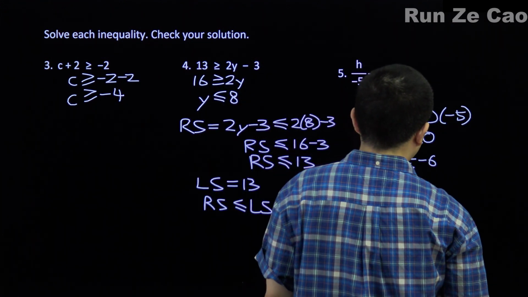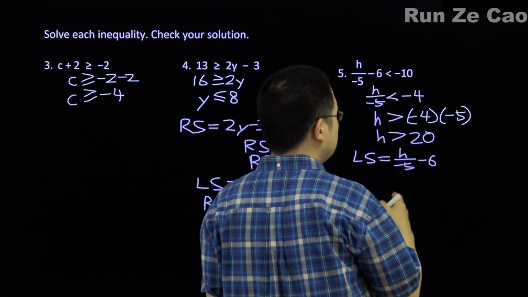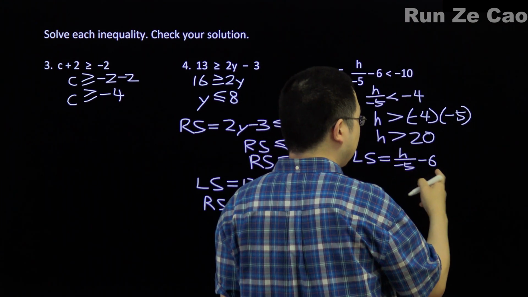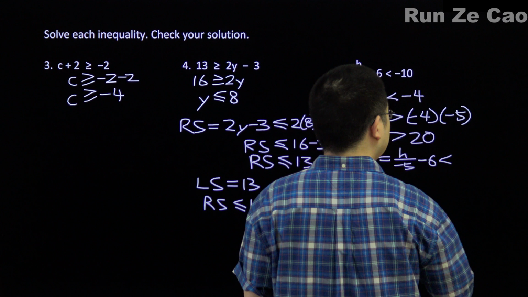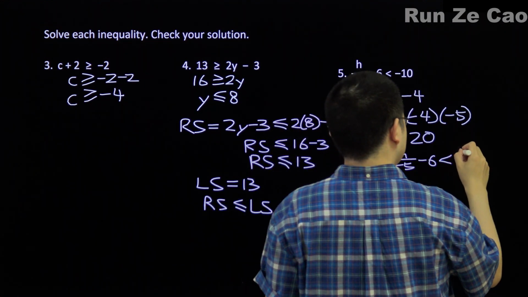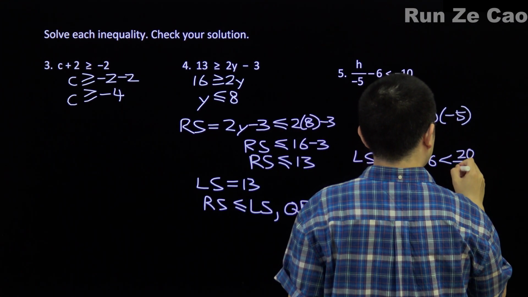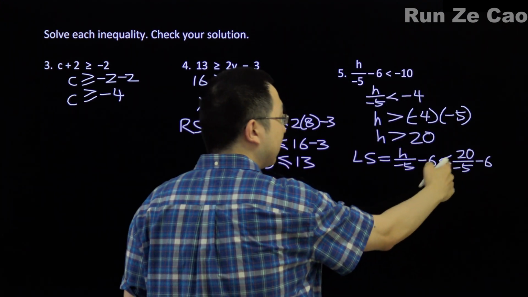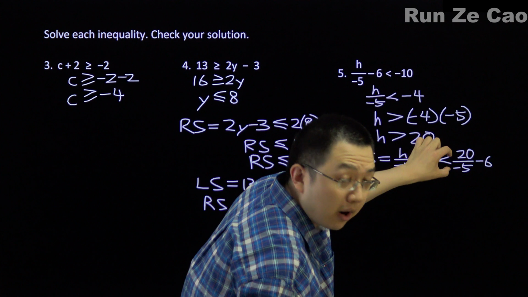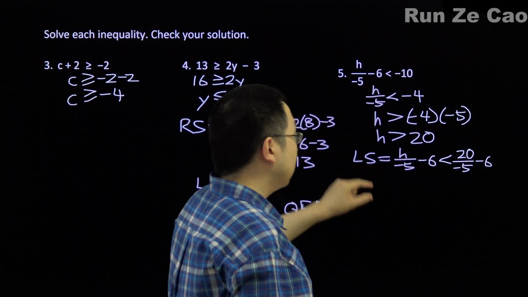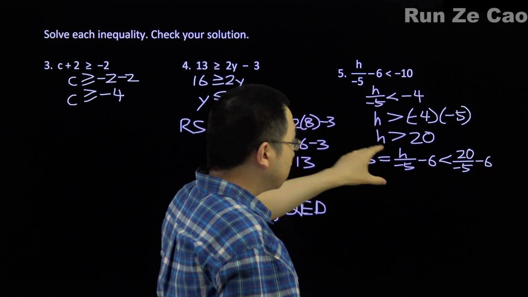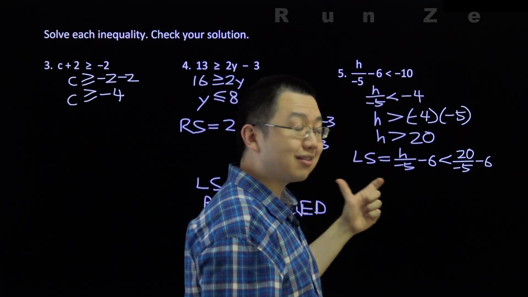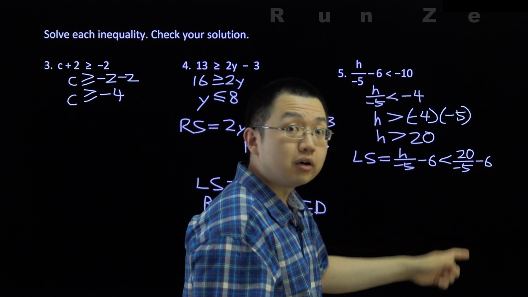That is why h over negative 5 minus 6 is going to be less than 20 over negative 5 minus 6. The dividing by negative 5 bit turns this part into a negative 4, but h, which is bigger, divided by negative 5, is going to be more negative, i.e. less than negative 4.